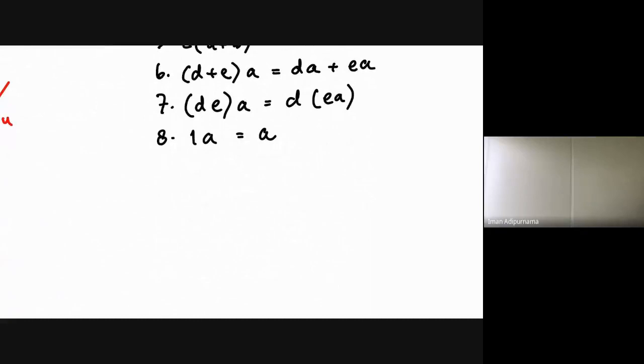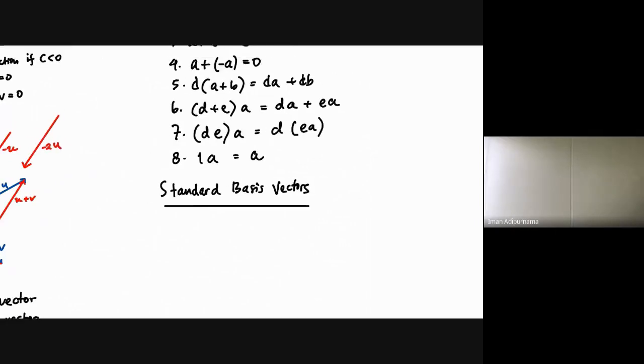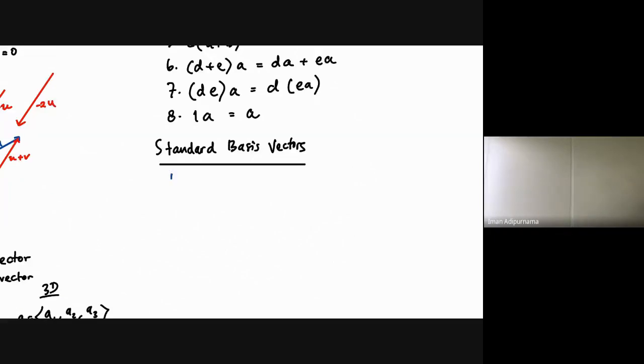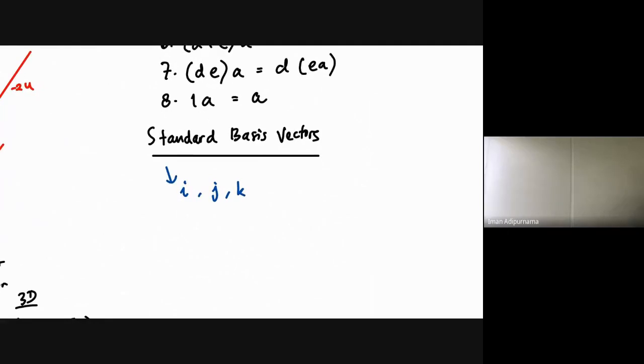The other important thing is the standard basis vectors. Usually, you are familiar with i, j, and k, right? That's called the standard basis vectors. Standard basis vectors.